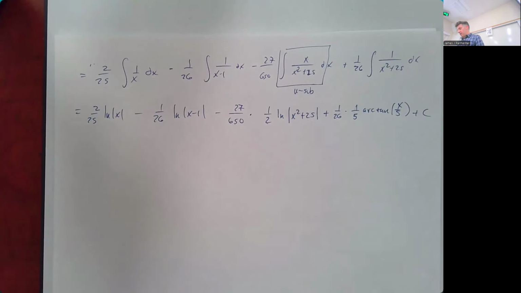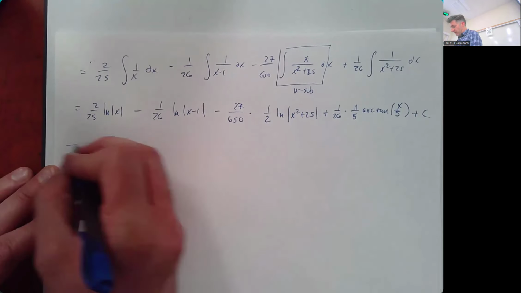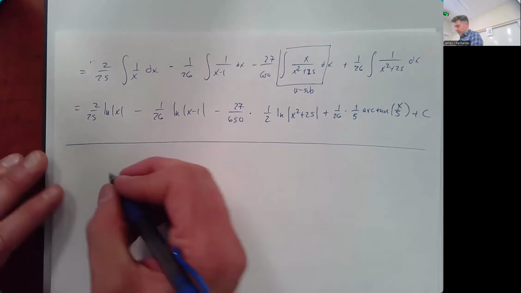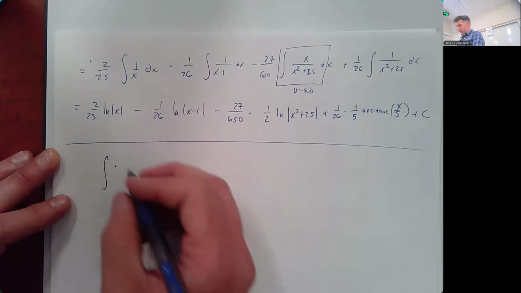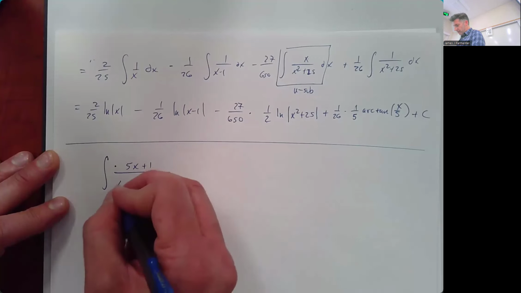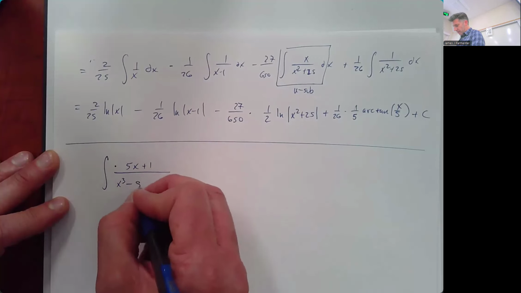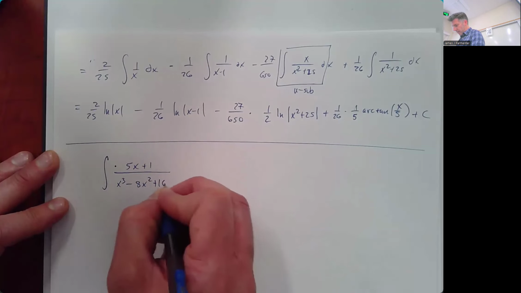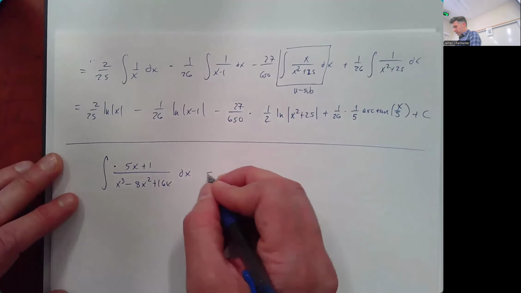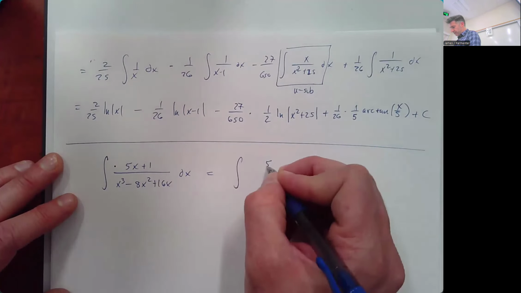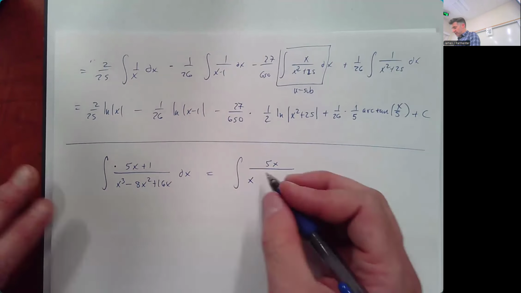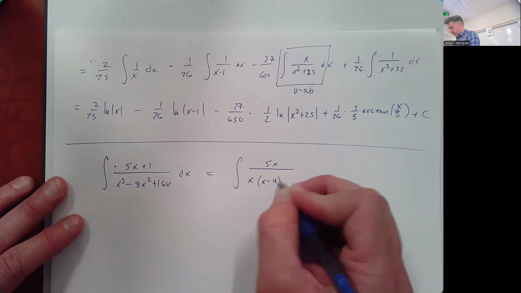The other thing I'll say, we won't do this one, but I'll just point out that the other thing that could show up in a partial fractions problem is something like this. We have the integral of, say, 5x plus 1 over x cubed minus 8x squared plus 16x dx. The denominator ends up factoring as x times x squared minus 8x plus 16, which is x times x minus 4 times x minus 4.